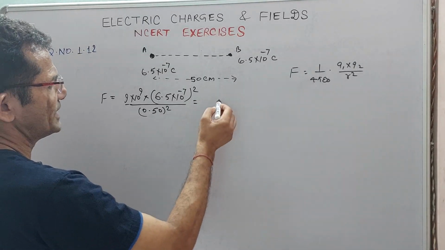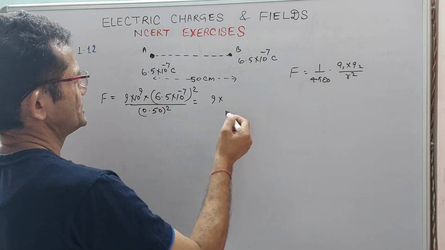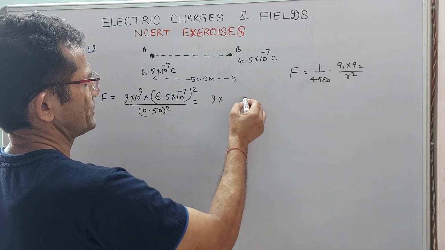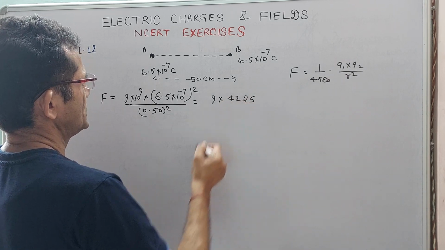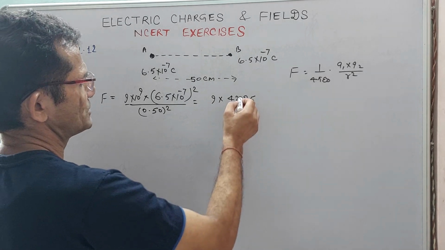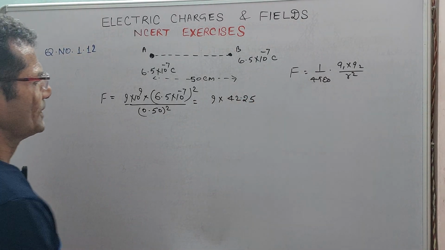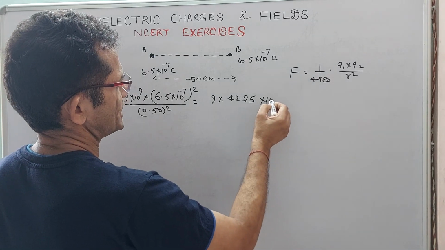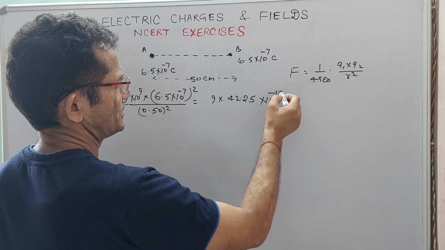Now if you simplify this, the square of 6.5 is 42.25, into the square of 10 raised to the power minus 7, which will be minus 14.